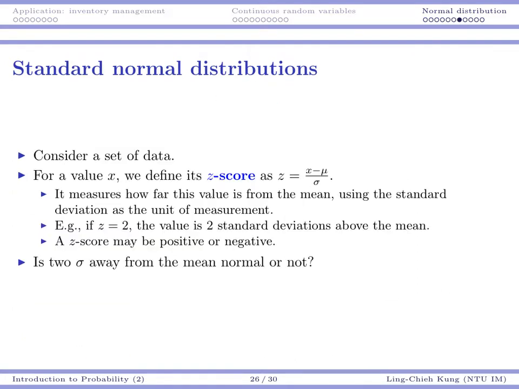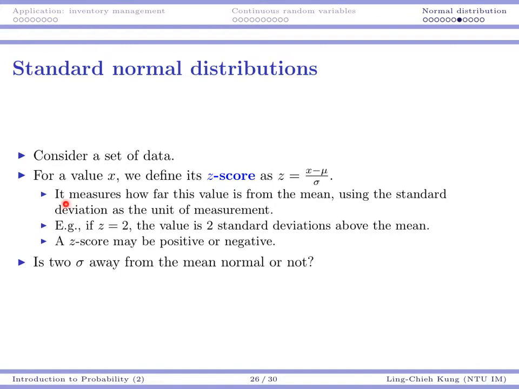With that idea in mind, we define something similar. Consider any set of data. For any value there, we define its z-score as x minus mu divided by sigma. So what's this? This is just the formula for standardization, right? So how is the z-score meaningful?